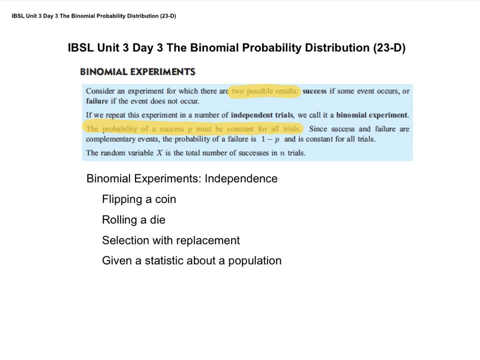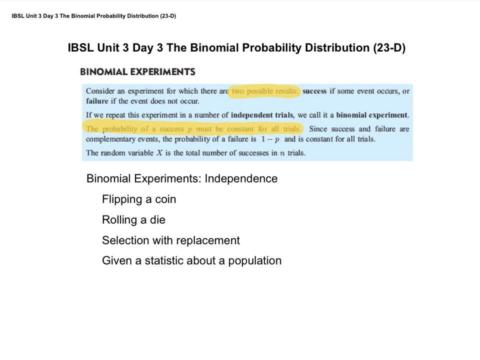Another one, and this is the one that really is the most useful, but is very easily forgotten or overlooked, is if you're given a statistic about a population, particularly a very large population, and usually one where we don't even know the total number of people in the population, we can use the binomial probabilities for that.